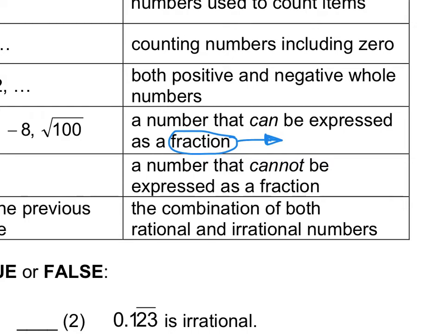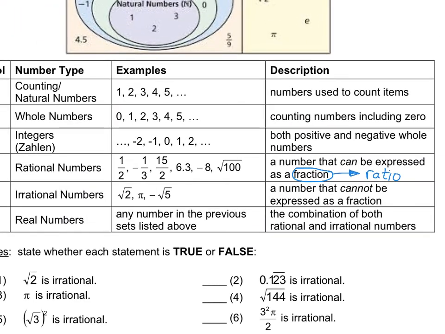Ratio. Kind of like the root of the term that we're defining here. All right, so that helps. So if we're talking about a ratio of 2 numbers, you're talking about a fraction, and then therefore a rational number.